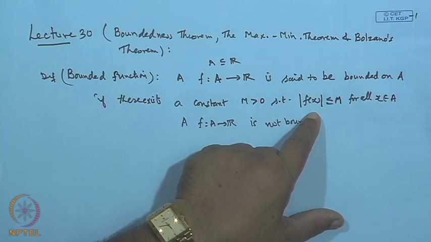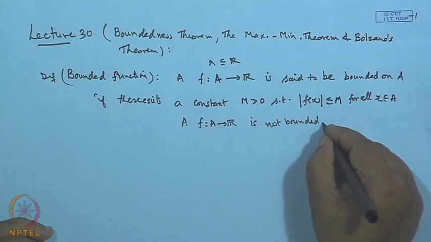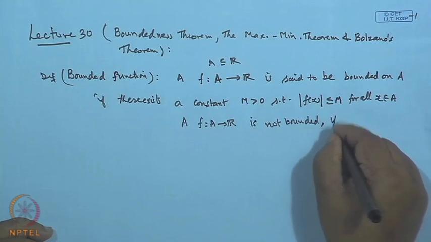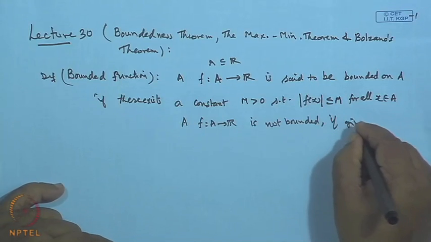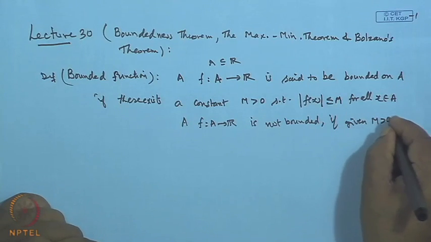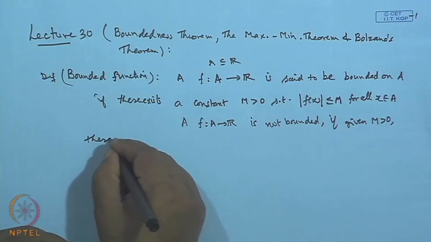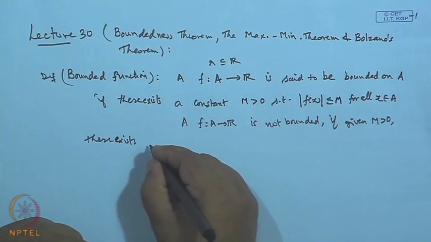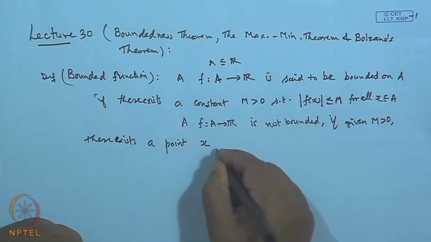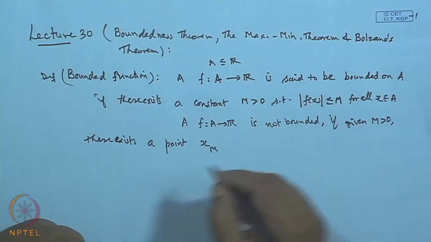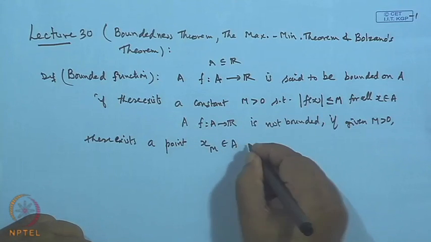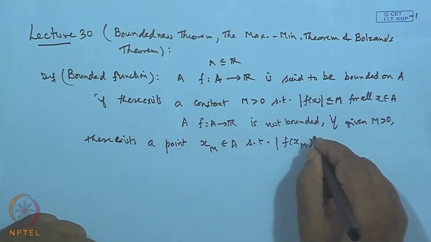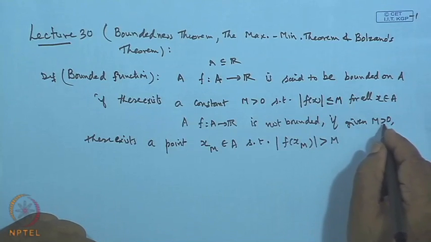Or we can say that, given any m greater than 0, there exists a point x_m which depends on this bound m, belonging to A, such that the value of the function at this point will be greater than the given number m.